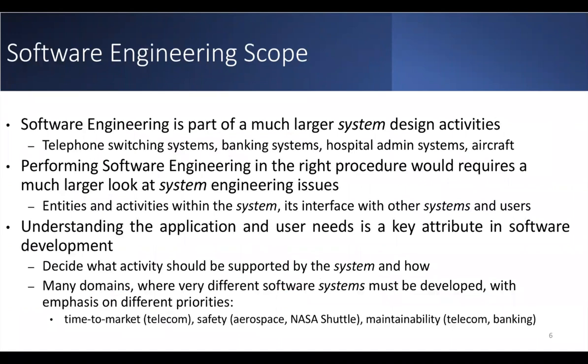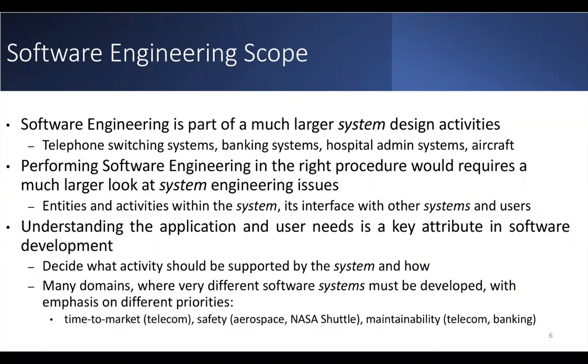Now that we understand what software engineering is, let's dig more into the scope of software engineering. Keep in mind that you try to engineer software to provide a product at the end. So the scope of software engineering is not on small scale systems.